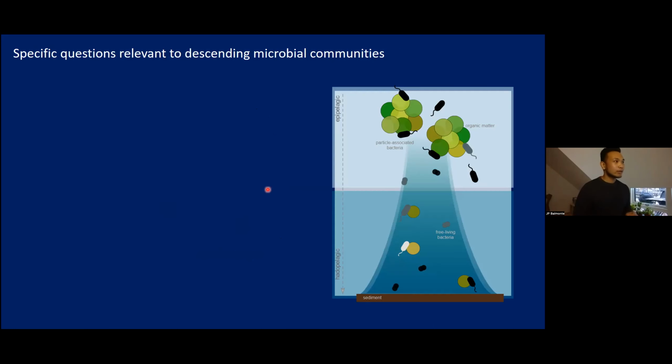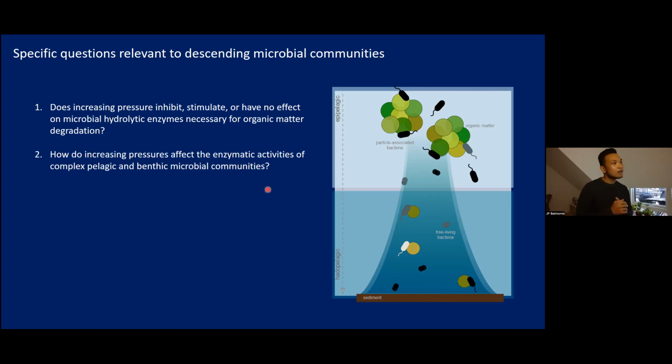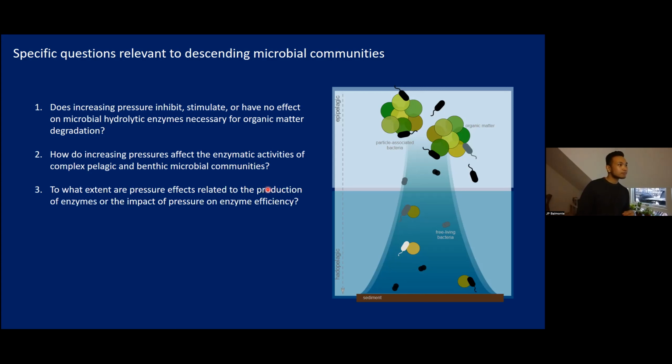The questions that we're interested in are relevant to microorganisms that are descending from the surface of the water or from shallower sediments. The first question is, does increasing pressure inhibit, stimulate, or have no effect on microbial hydrolytic enzymes, which are necessary for organic matter degradation? How do increasing pressures affect the enzymatic activities of complex pelagic and benthic microbial communities?